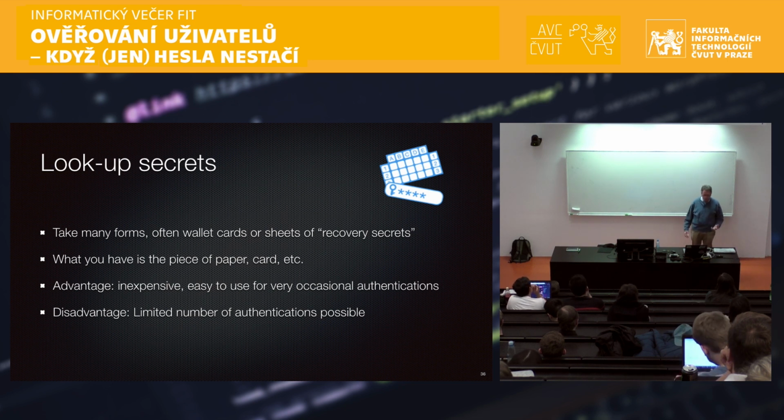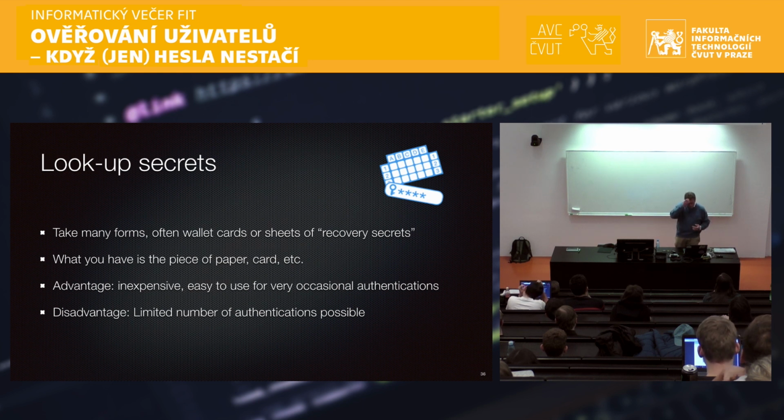One way to do it is lookup secrets, which can be wallet cards or just a set of single-use keys that you print out and maybe store away somewhere. The disadvantage is that they have a lifetime, in the sense that you should probably be using each of these only once. When the user runs out, they can't log in using those anymore, and they need to generate another set.